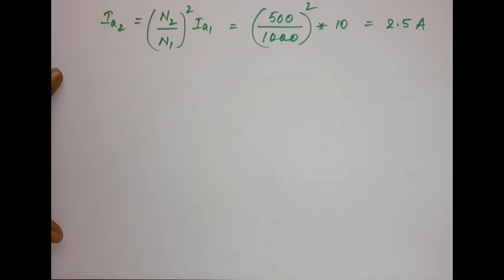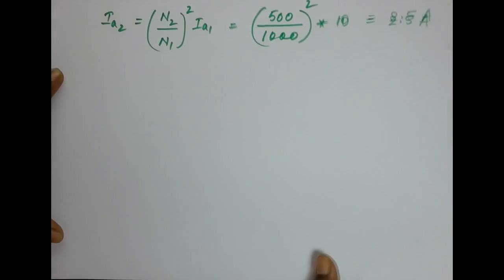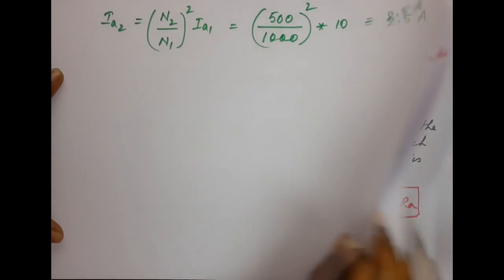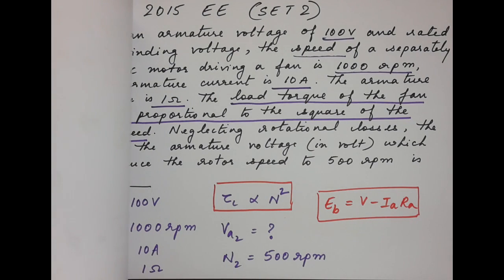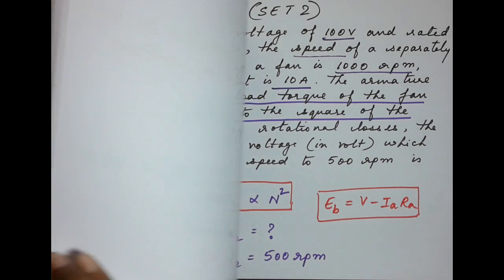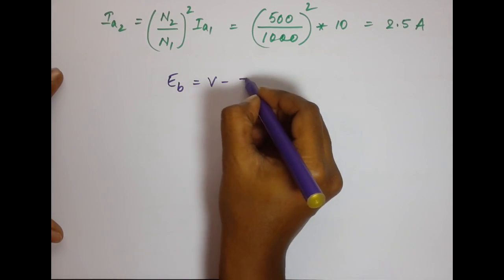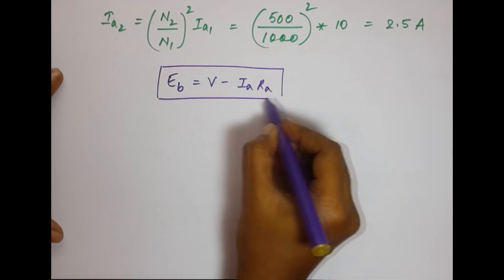So in the beginning here, on the previous page, we have written down the formula for EB. EB equals V minus IA RA, right? We are going to use that same thing to find out the value for V. EB is equal to V minus IA RA. This is the basic equation.